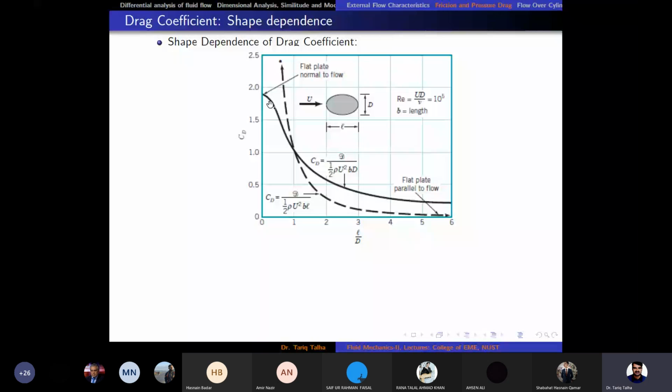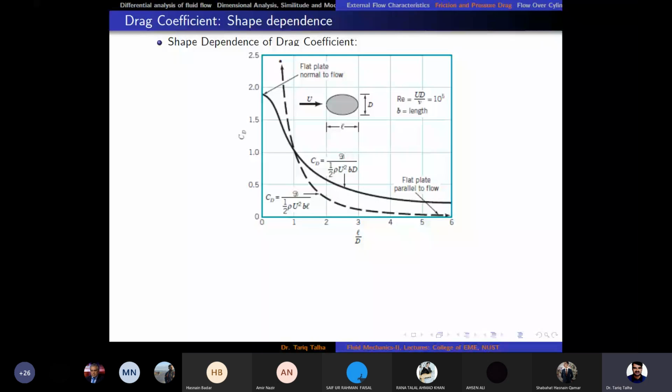So it means that if the flow passes through a blunt body or semi-blunt body, the CD value is more. But if the body becomes more and more streamlined, then the coefficient of drag reduces. That is why we usually make Formula One racing cars more streamlined, so that the coefficient of drag is less and the total drag force would be less, right?